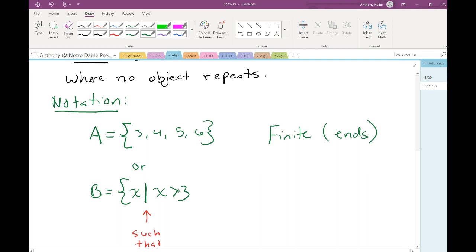But I should be a little bit more specific than even this, because there's different kinds of numbers. The numbers that I listed, 4, 5, 6, 7, etc., are not the only numbers that are greater than 3, right? What kind of numbers didn't I list when I did that?